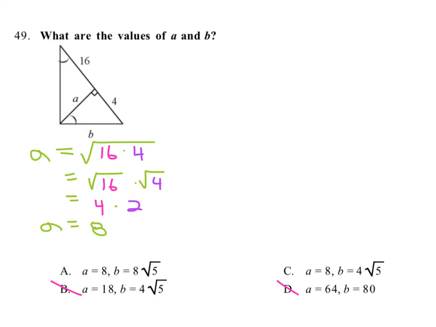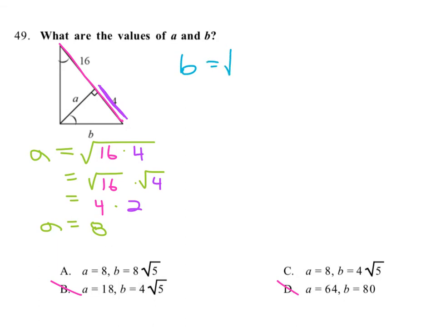If we were to find b, what we need to do is multiply the entire length here times just the segment that is made on the same side of the triangle as the side we're looking for. We're looking for b, so we're going to use that 4 times, what's that whole length, 16 plus 4? It's 20. So to find b, let's do b in turquoise.